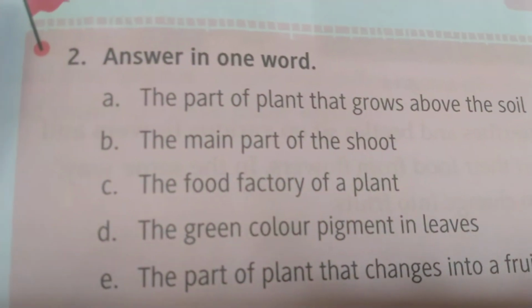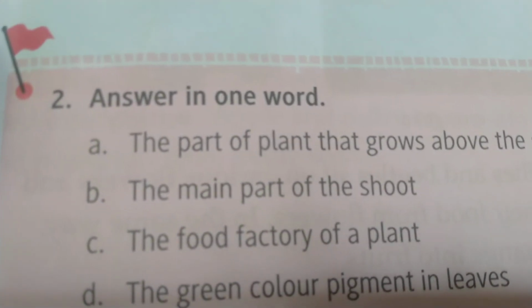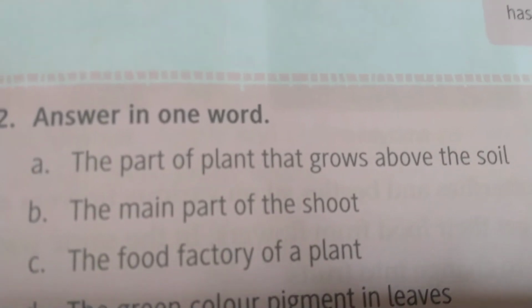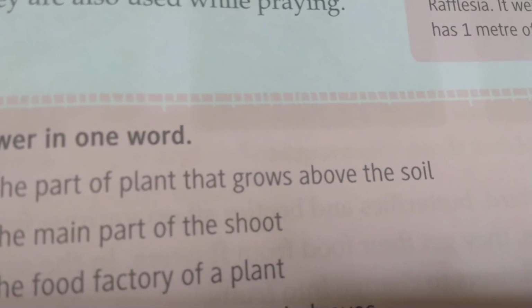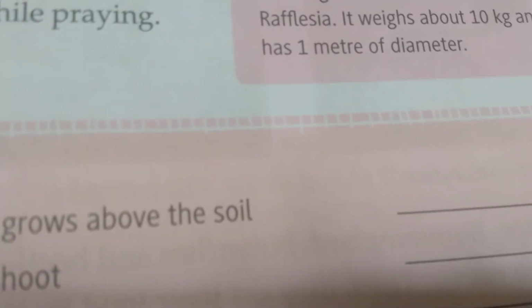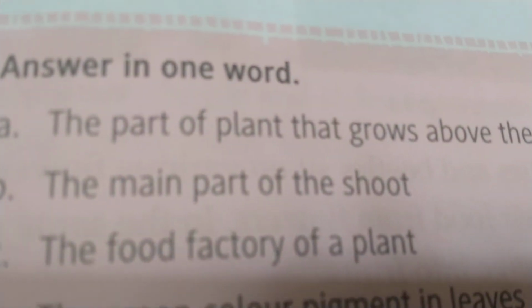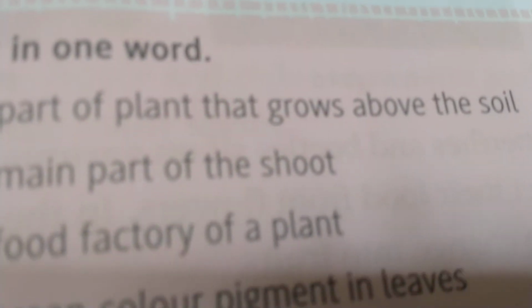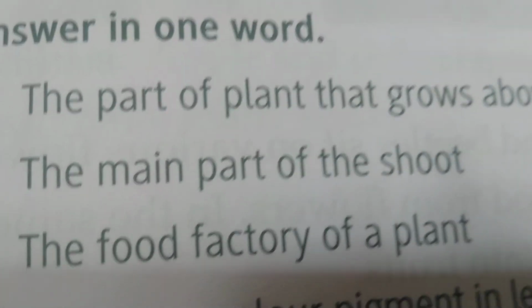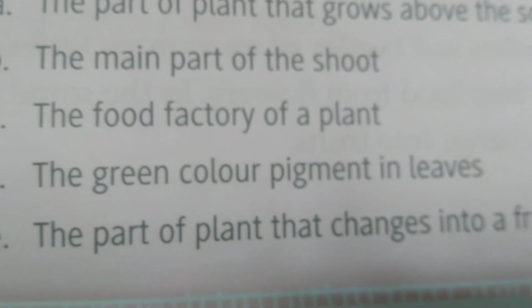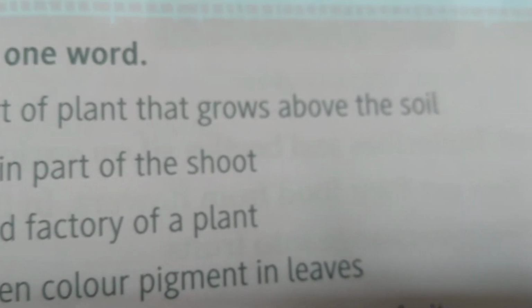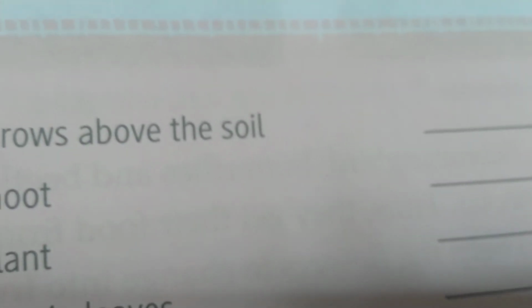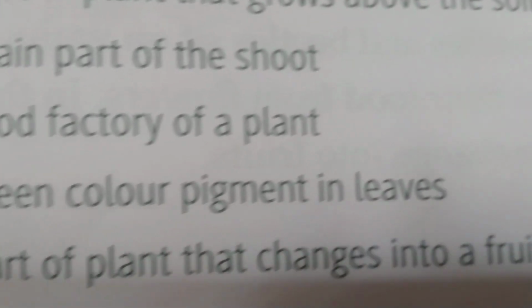See, answer in one word is here. Checkpoint is on page number 47. Answer in one word. The part of a plant that grows above the soil is called the stem. The main part of the shoot is the stem. The food factory of a plant is the leaf. The green color pigment in leaves is called chlorophyll.